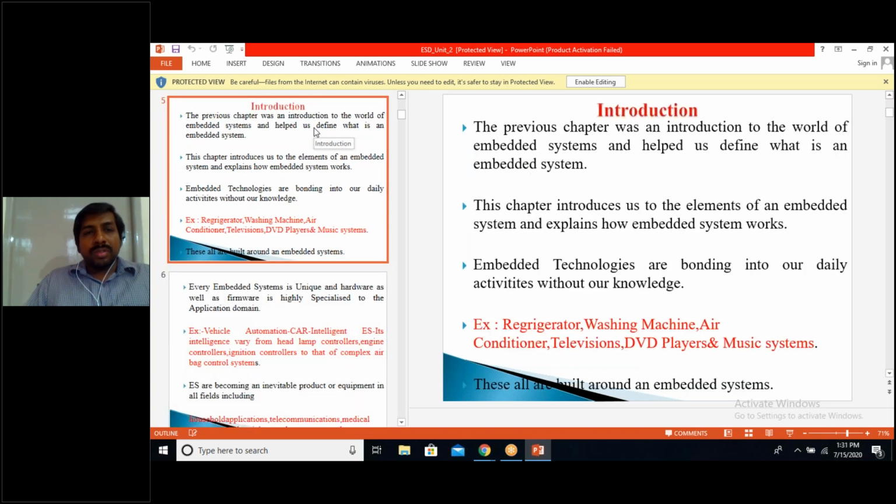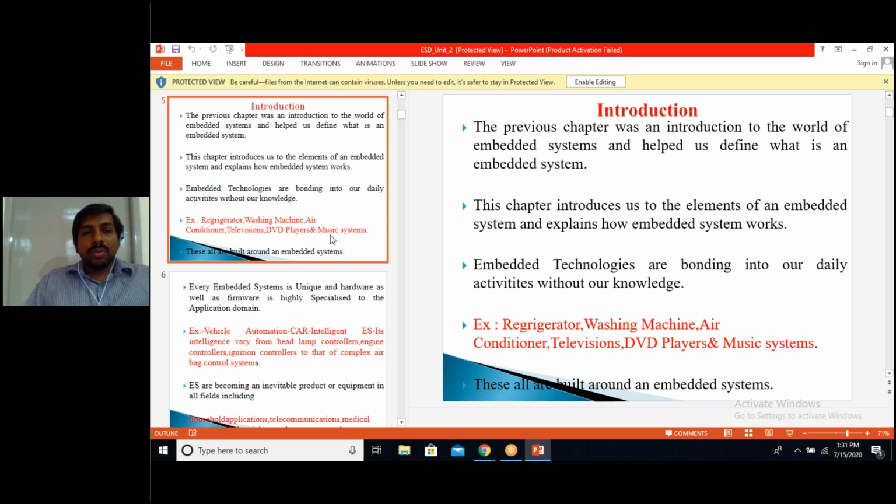In the previous chapter we have seen what an embedded system is. In this topic we are going to study the elements of an embedded system and how an embedded system works. As you know, embedded systems are nothing but devices which are used in our day-to-day life without our knowledge, such as your refrigerator, washing machine, air conditioner, television, DVD players and music systems.